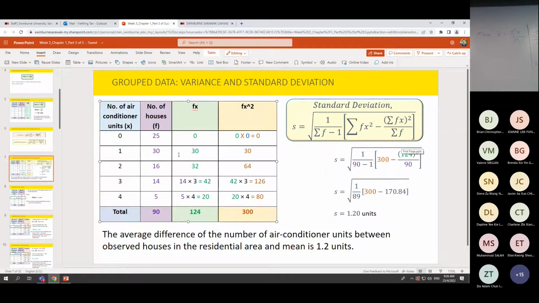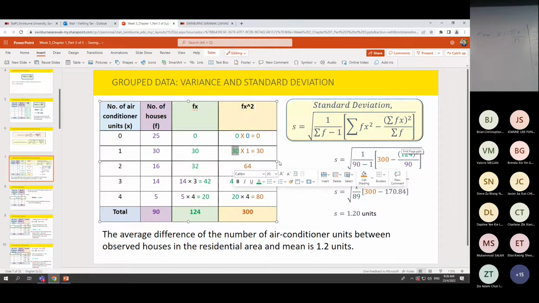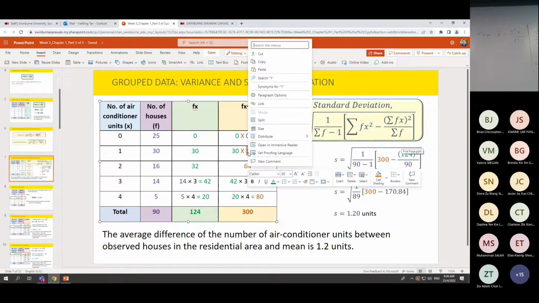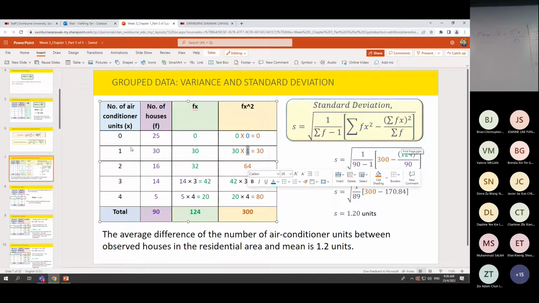So how about the second class? Also the same. Second class, the fx value is 30, multiplied with the x value, which is 1. So I get 30. 30 is the green one, and 1 is from this column.